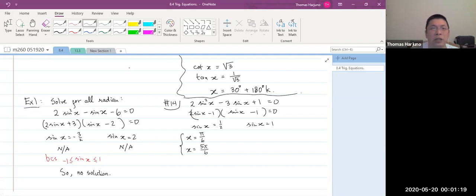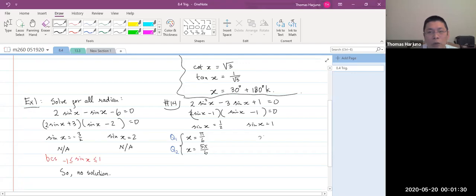So this is the answer in quadrant 1, and this is the answer in quadrant 2, but they must have the same reference angle. Now sine x equals 1 means x is pi over 2, right? But these are the answers only in the first period from 0 to 2 pi. We need all the solutions.